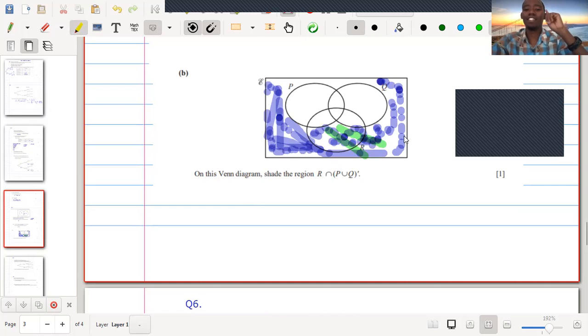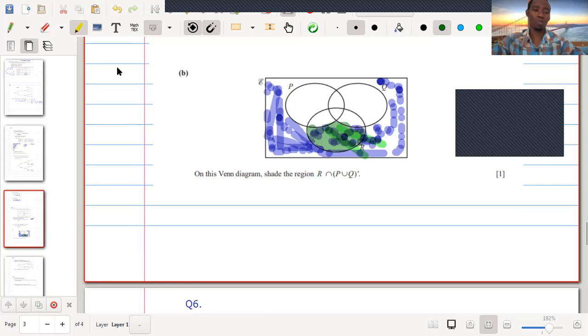But they said its intersection with R. Let me use a different color to highlight intersection. Let me use this one here. This is the intersection with R. Only this part here. Only this part. That part. So the answer should be only this region.